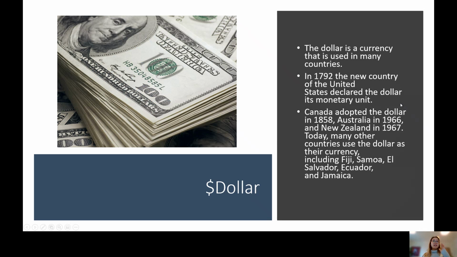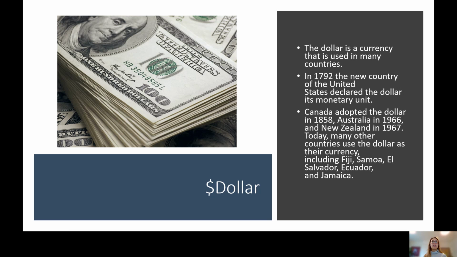So let's look at the dollar. The dollar is represented by this S sign with either 1 or 2 lines down the middle like that. So the dollar is a currency that is used in many countries. First introduced in 1792 in the United States.